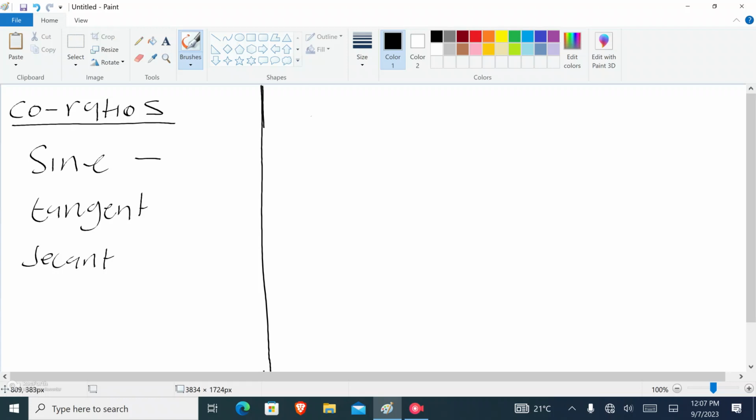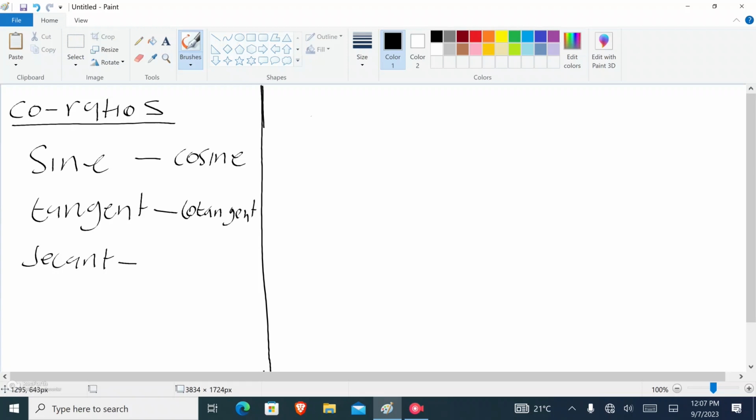So what are those co-ratios we are talking about? For sine, we have cosine. So cosine is a co-ratio of sine. And then for tangent, which is tan in this case, the co-ratio function is actually cotangent.